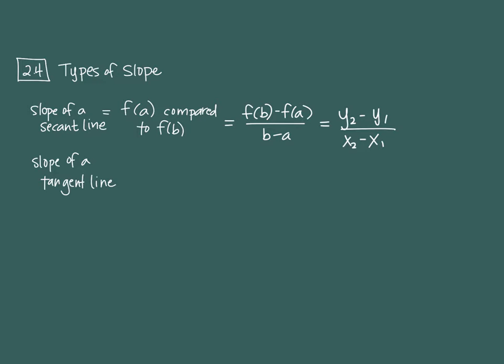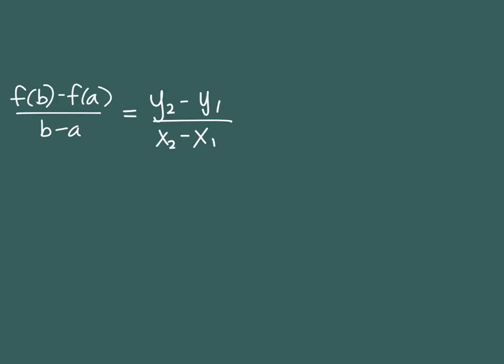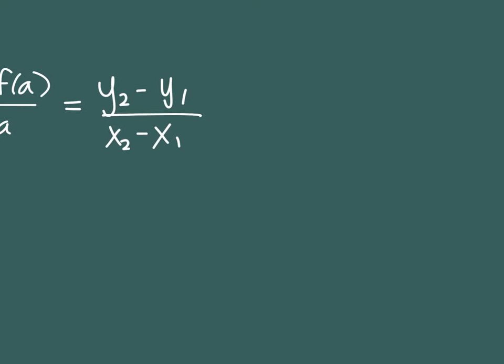It takes 2 distinctly different points, separated from each other on a line, and then you can figure out the slope. This is also called average.